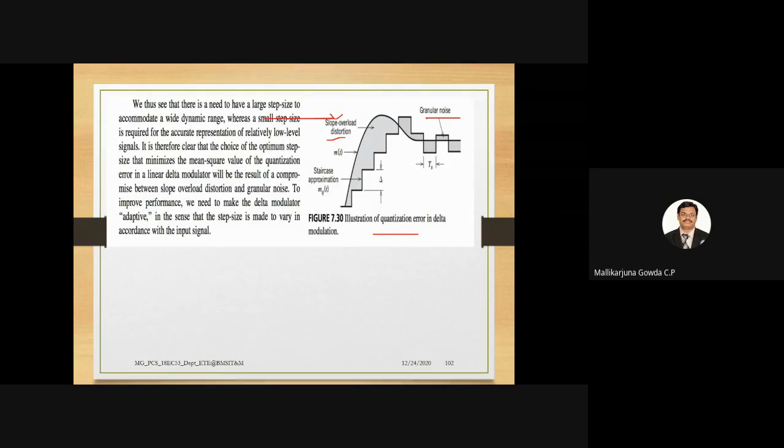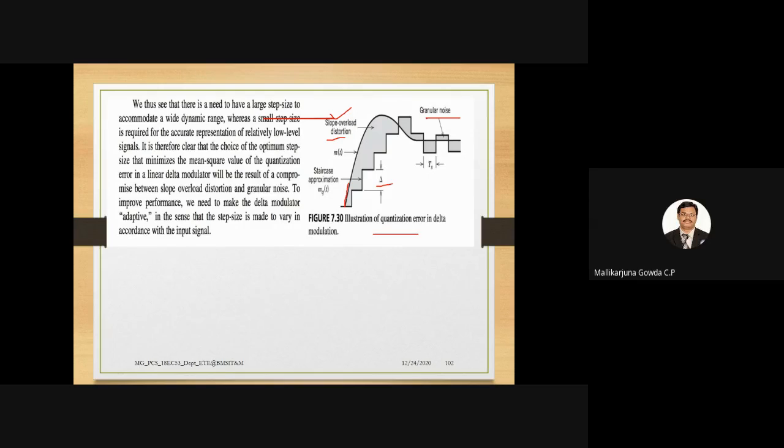So when do we get the slope overload distortion? Whenever there is a steep change in the input signal. I hope you will be able to understand this. When there is a steep change in the input signal, the staircase waveform will not be able to track or follow it because the step size delta is fixed.